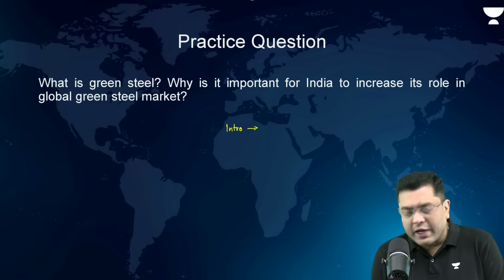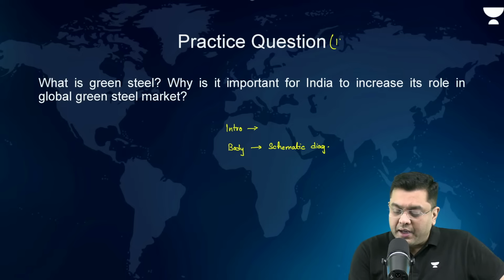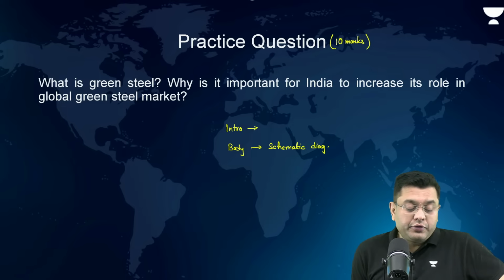Ideally, after the intro, in the body, draw the schematic diagram as well, right? A small schematic diagram will be more than sufficient. After that, why is it important for India? So let's suppose this is for 10 marks. Why is it important for India to increase its role in the global green steel market?